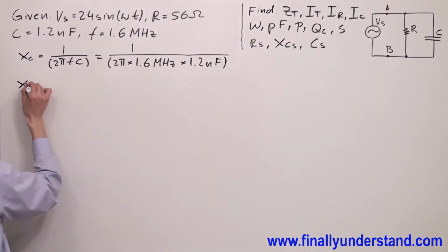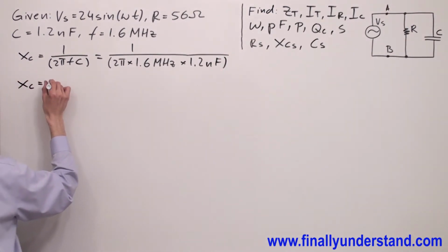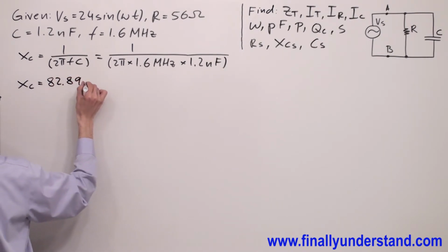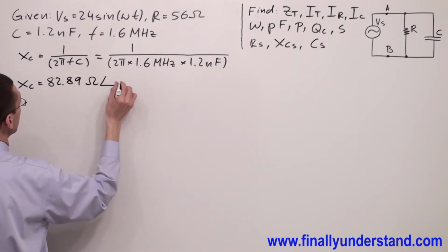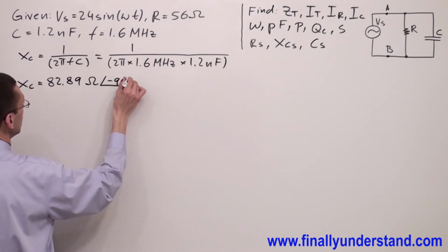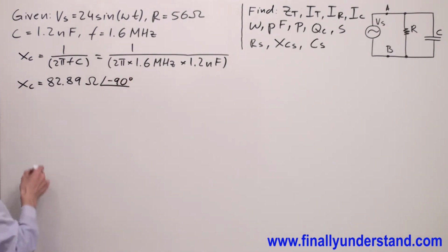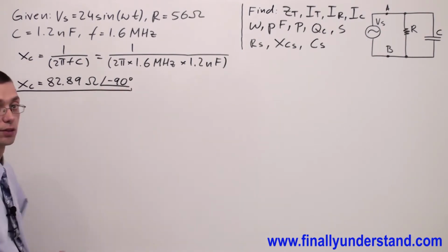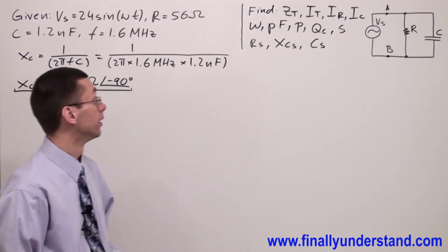So X of C is equal to 82.89 ohms and angle of negative 90 degrees. So this is the value of the capacitive reactance.